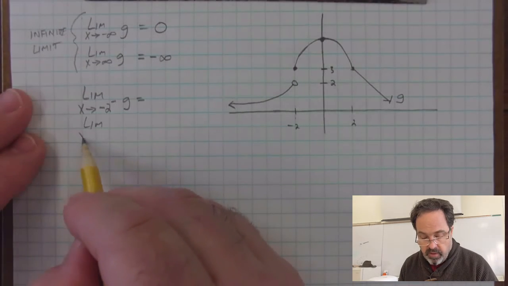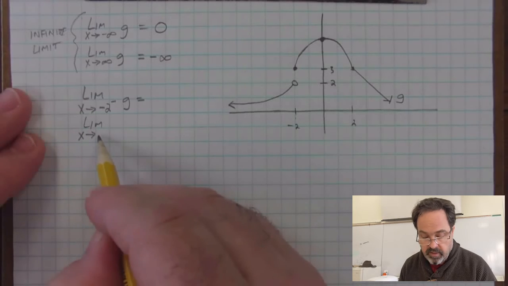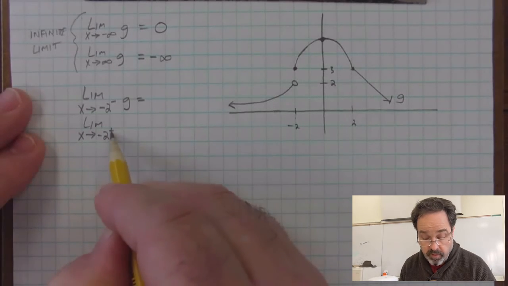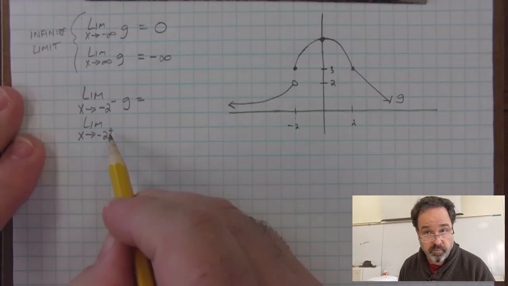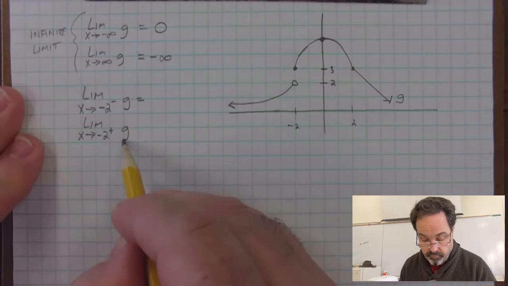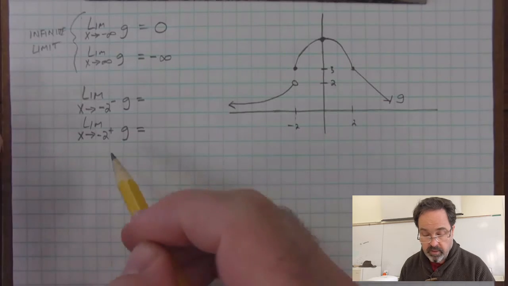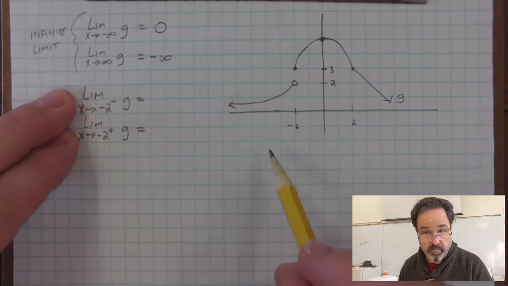Let's compare it to the other side of -2. The limit as x approaches -2 from the right with a positive symbol superscripted with the 2 of g equals. Now let's determine those limits.